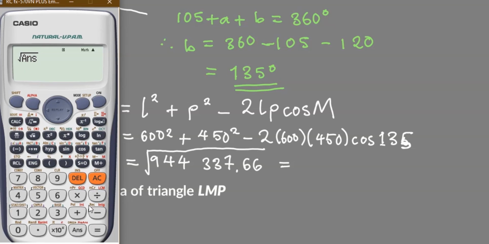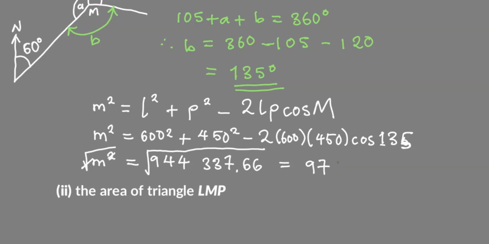But if you want, you can say square root 944,337.66. That gives us 971.77. And this is in kilometers.